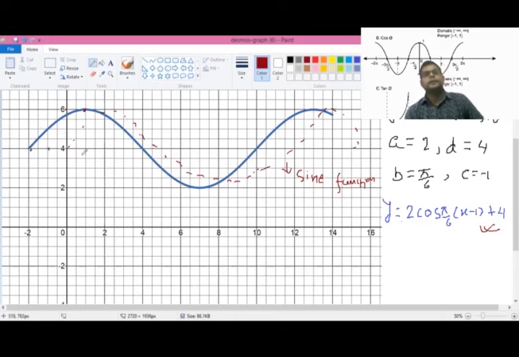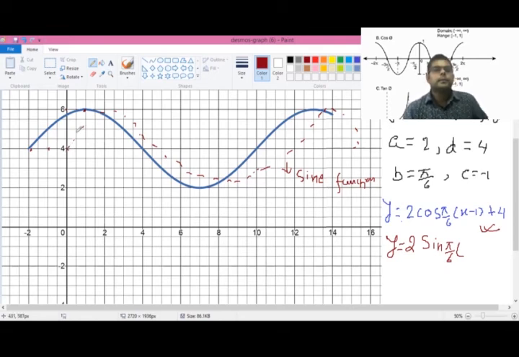So if you consider this to be the sine graph, what would be our equation? It is y equals 2 sine pi by 6. So here x minus 1 for cos, because it has shifted one step right. But if you consider this graph to be sine, sine has value 0 at 0 degree, so this is about 0 degree over here.